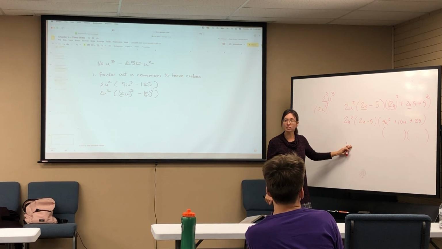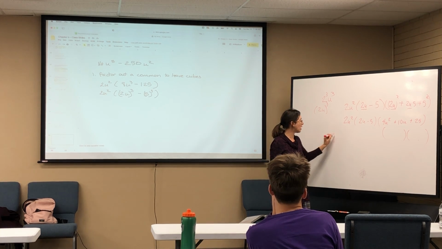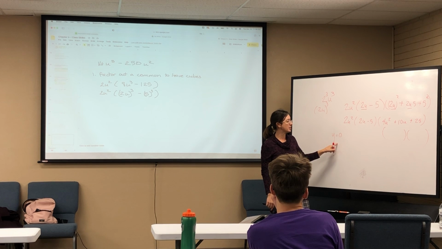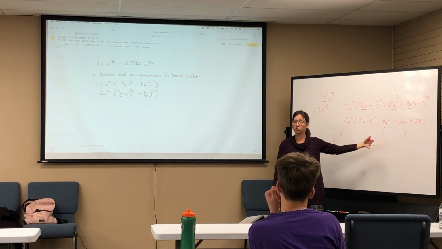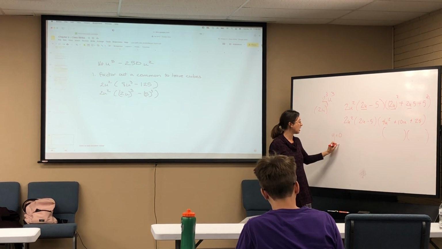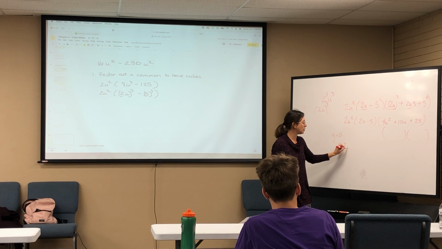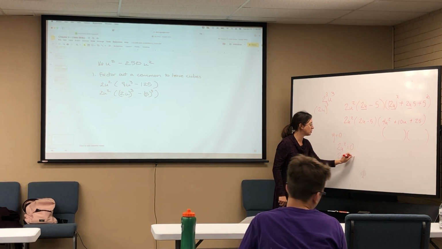And then we ask ourselves, what are the solutions? Remember, the solutions are when y equals 0. So to find when y equals 0, that means some part of this equation must be 0, correct? So we set each part equal to 0. 2u minus 5 equals 0.